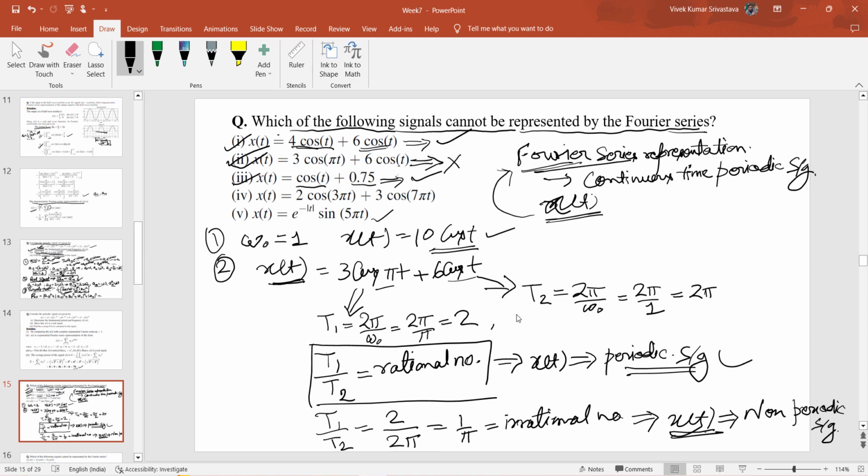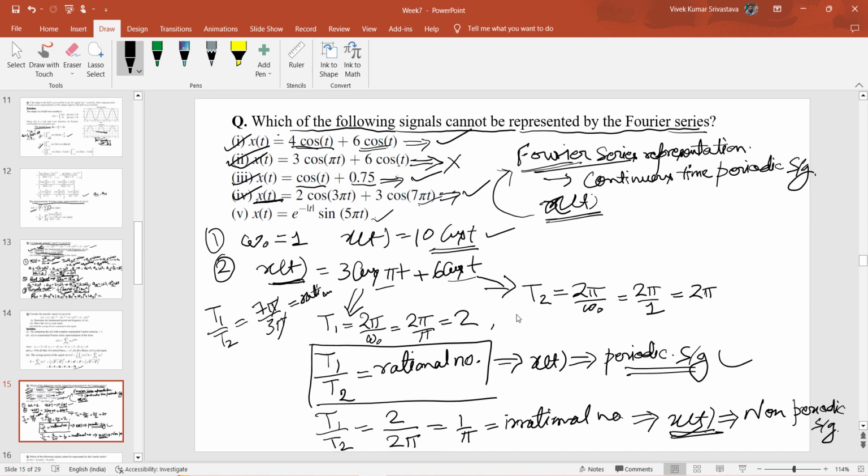Similarly, you can check the periodicity of this signal and check whether x of t is periodic or not. For this signal, once you check t1 by t2, this will be equal to 7 pi by 3 pi, which is a rational number. So even for this signal we can represent the Fourier series.